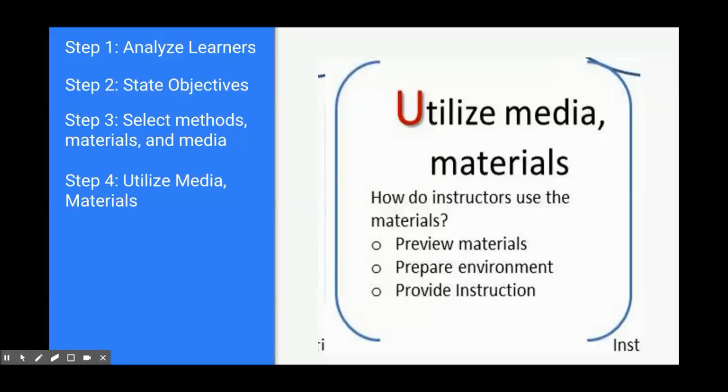Make sure that those materials work. A lot of times district firewalls can be a problem if you're trying to access resources and students may not be able to get to them because of particular security flags, and you can request for those to be lifted prior to your actual lesson, and then of course using those sources in order to provide the instruction.